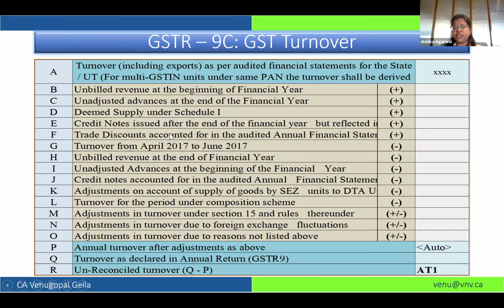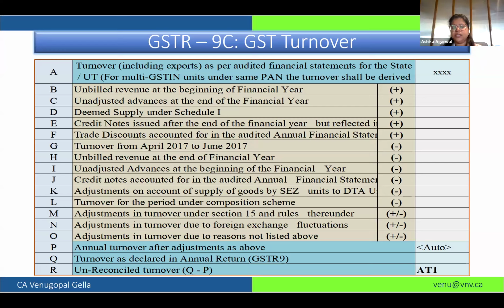5F is your trade discount. If there is any trade discount which does not comply with Section 15, to have the benefit of discount it is very important that it should be in compliance with Section 15, which says that you should know about the discount at the time of entering the contract or agreement, and it should be separately identified, meaning against which invoice you are giving the discount.